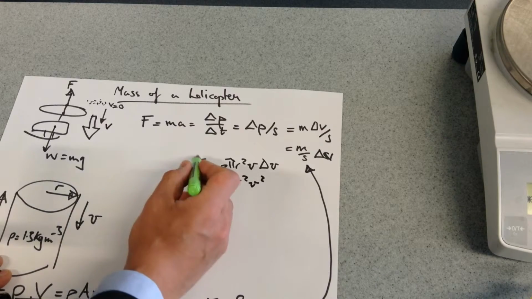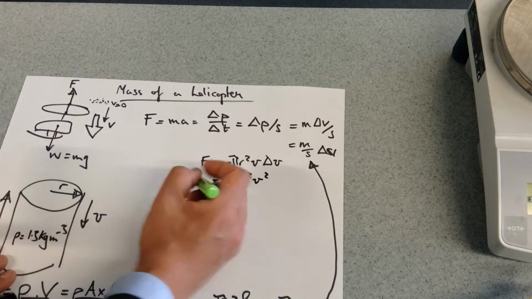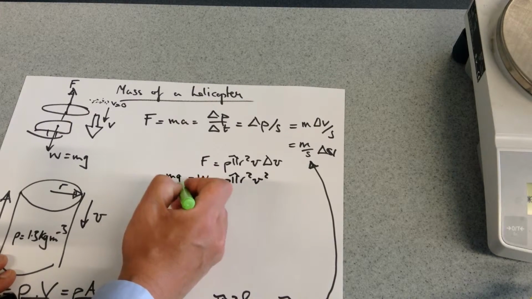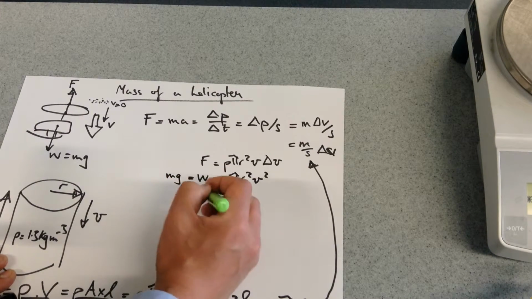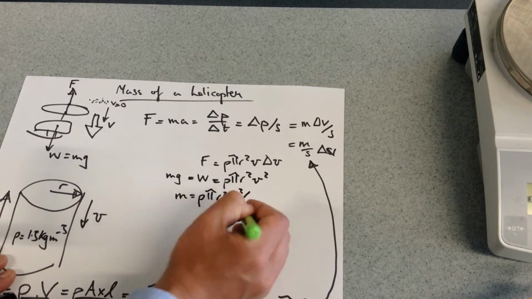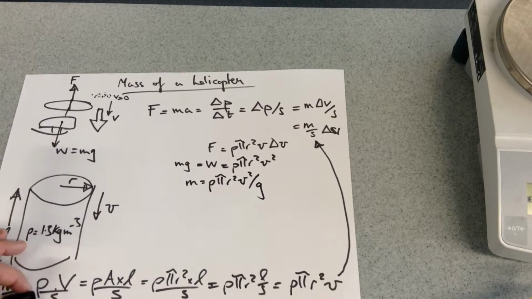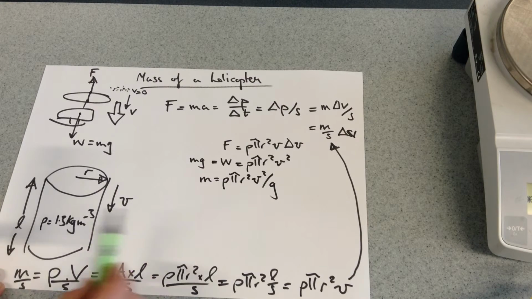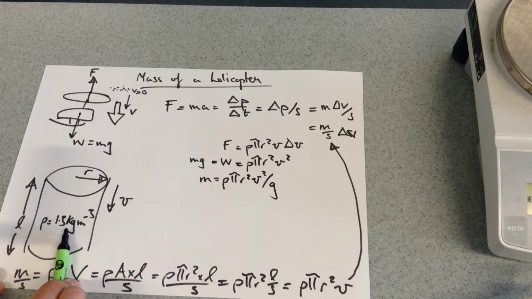And finally, of course, the force, which in this case is the weight, because they must be balanced, is mg. Therefore, if I divide through by g, m is rho pi r squared v squared over g. A bit of a complicated equation, but nothing which you couldn't have worked out from first principles. So let's take a few values then. We have the density.